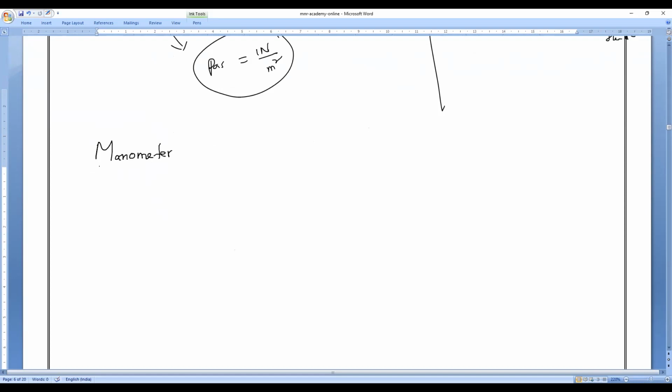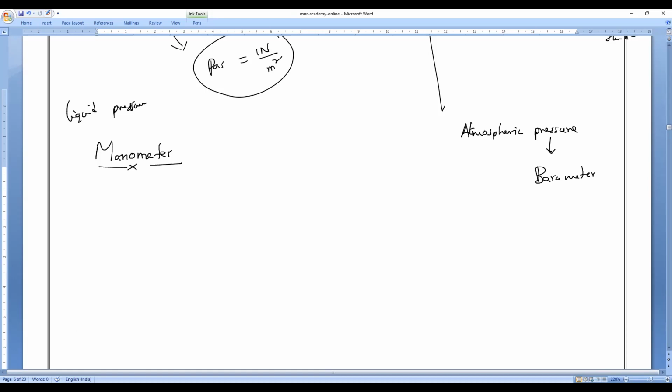Even in class 8 you might have studied that atmospheric pressure is measured with the barometer, and liquid pressure is measured with the manometer.